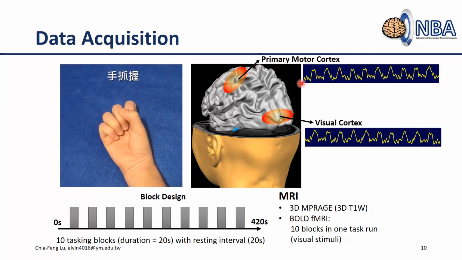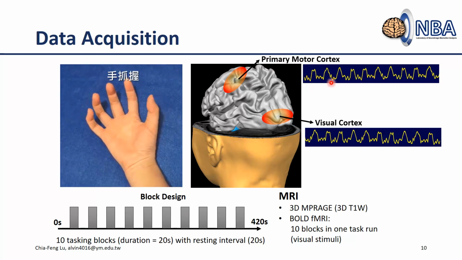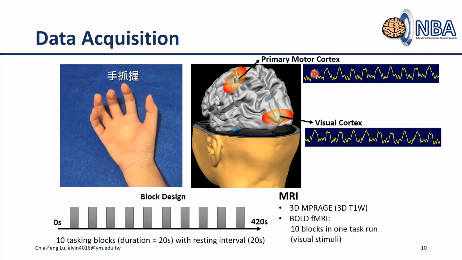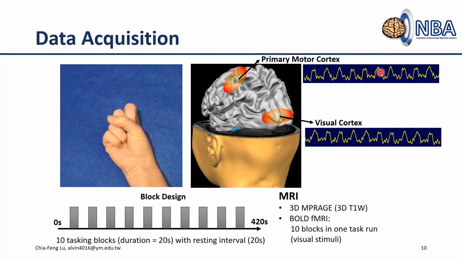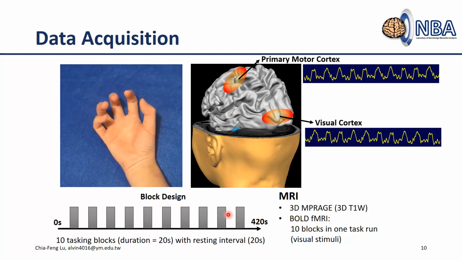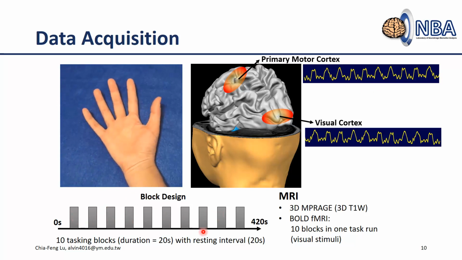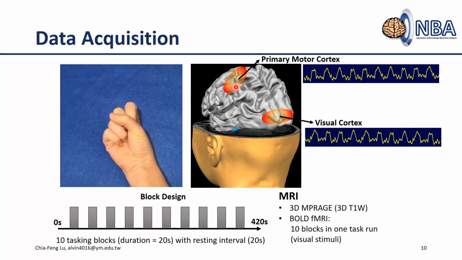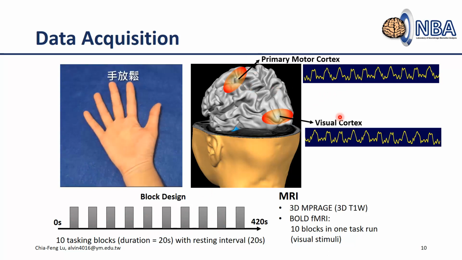You can see the BOLD signal profile, you can count actually 10 waves right there. 1, 2, 3, 4, 5, 6, 7, 8, 9, 10. Just all happening simultaneously with this block design. So I would say, yes, this region may be highly correlated to this motor task. But another region, the visual cortex, will also have a very similar profile.